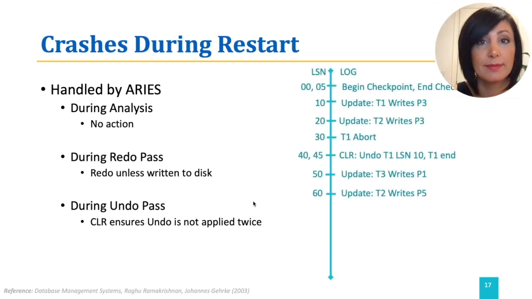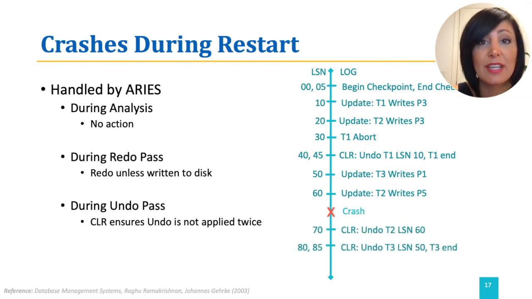For example, in the shown log, after the first crash, the actions for T2 and T3 are undone, and the last CLR log shows that T3 is completely undone and marked as ended. Therefore, when the system is restarted after the second crash, the only active transaction is detected to be T2. The system will proceed with only undoing the actions of T2.